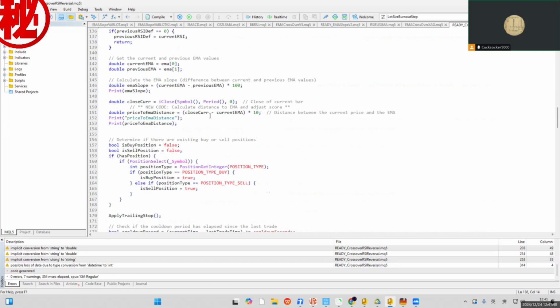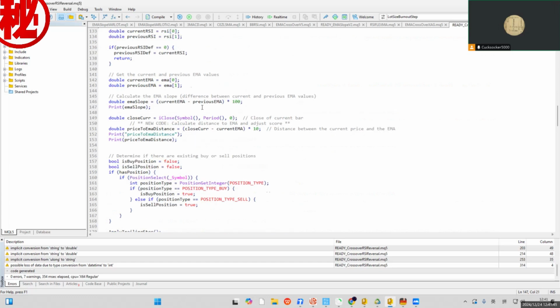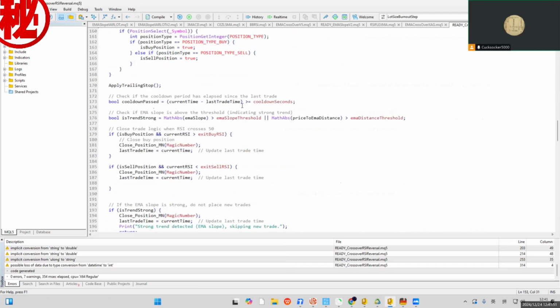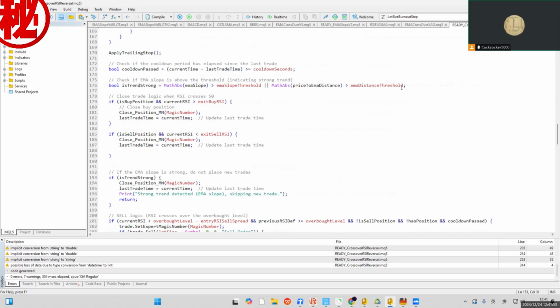Price to EMA distance and EMA slope are used to detect a strong trend. If it has a position, cool down applies if the trend is strong. The trend is strong if either the slope is too big or the distance is too far away.